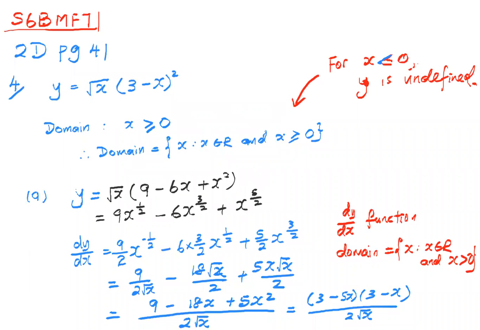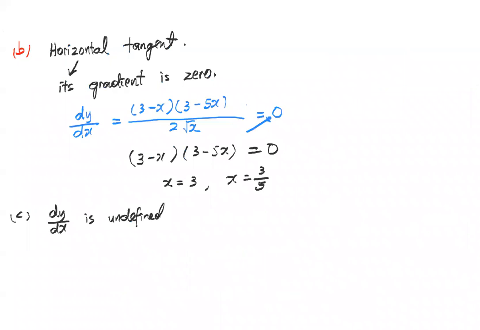Correct? Here, that is not in the domain. That will make dy dx undefined. Are you clear? So dy dx is undefined for x less than or equal to 0. So that settles the whole question. Are you okay?